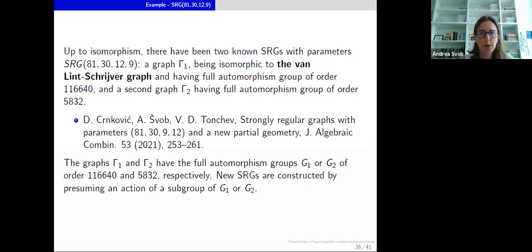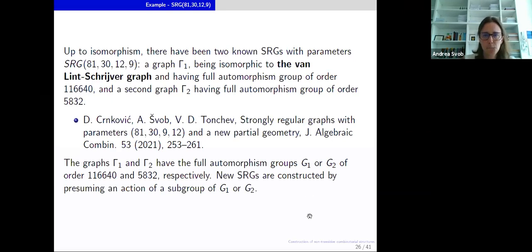Before this work, it was known that up to isomorphism, there were two strongly regular graphs with these parameters. One is known as the van Lint-Schrijver graph, having a full automorphism group of order 116640, and the second graph having a full automorphism group of order 5832.